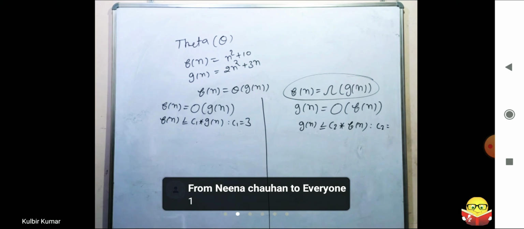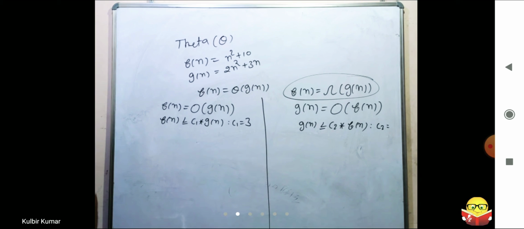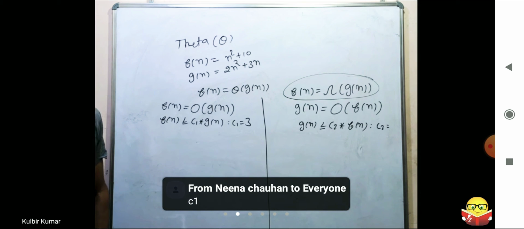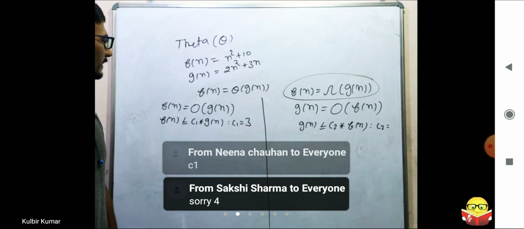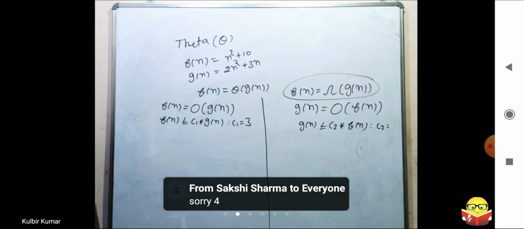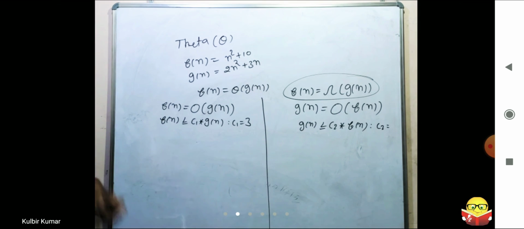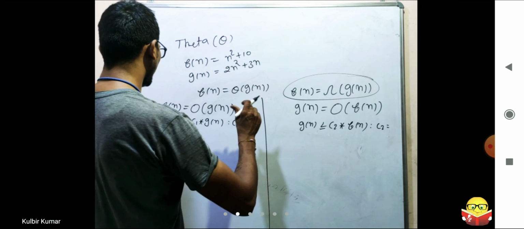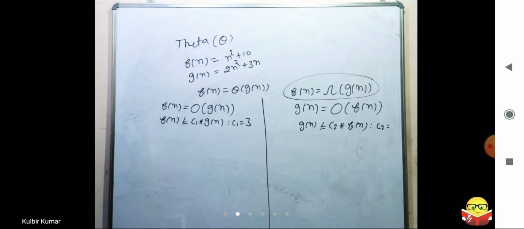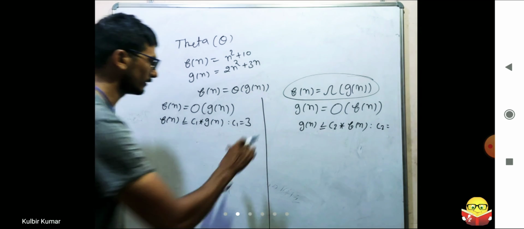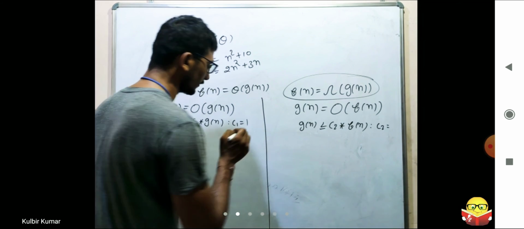Nina is saying 1 for c2. One for c1. No. अगर c1 की वैल्यू 1 लोगे तो yeah, you are right. What we have to prove, f of n is order of g of n. That means, yeah, of course you can take here 1 also. That's right.